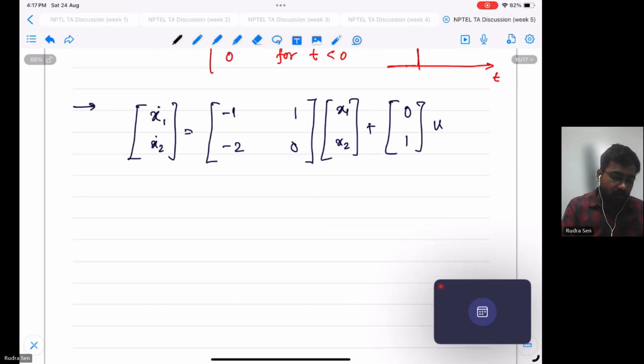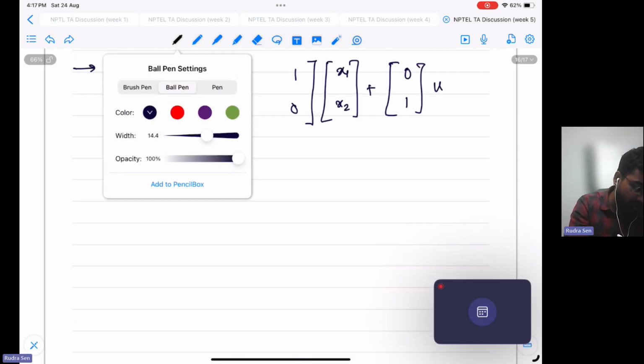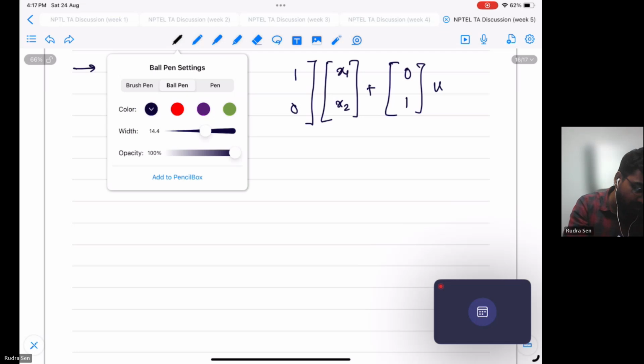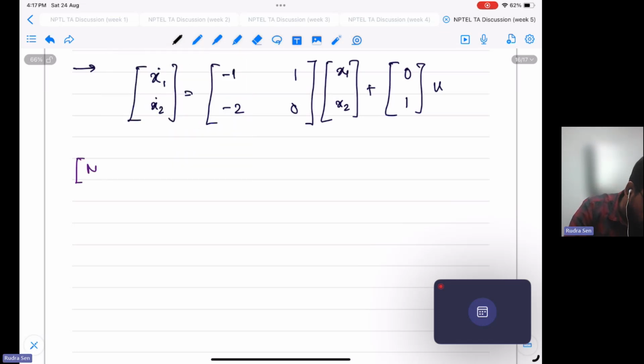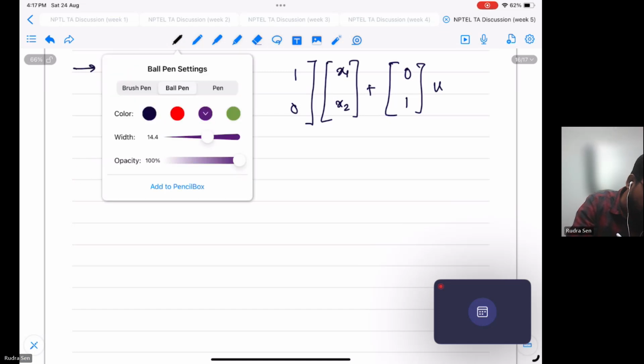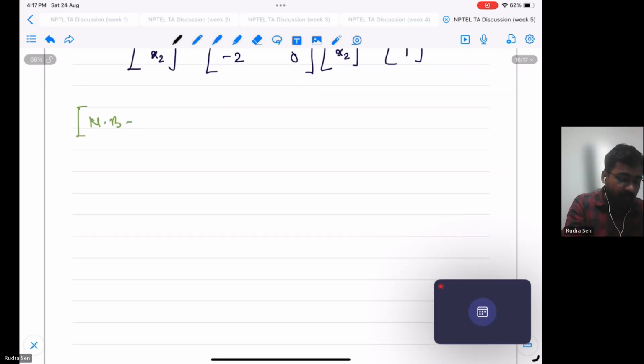Let me put a note box over here, in a different color. We know that x dot equals Ax plus Bu. Okay, so take a Laplace transformation.